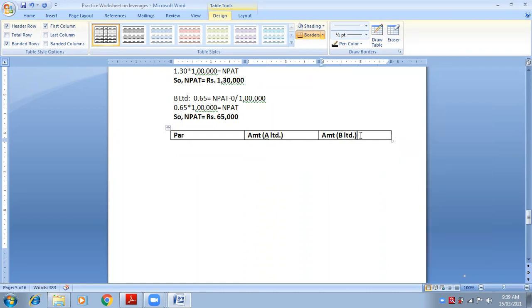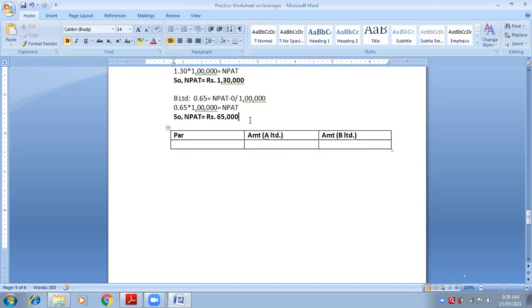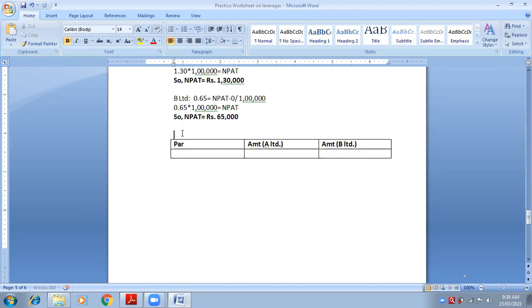Now, always remember, this is known as the income statement, and that's what they have asked us to make. Always we start with, tell me.